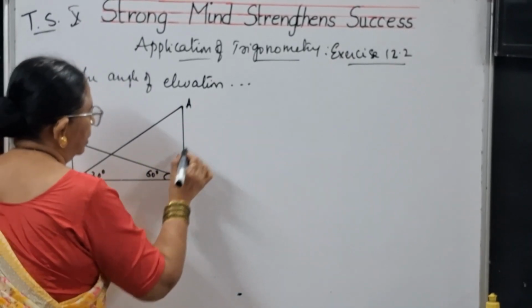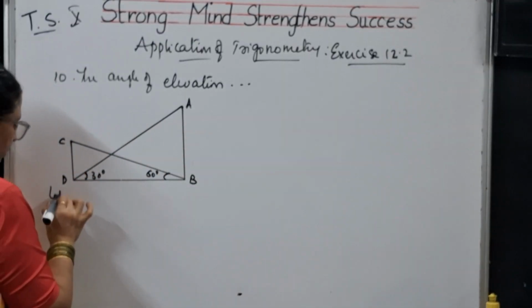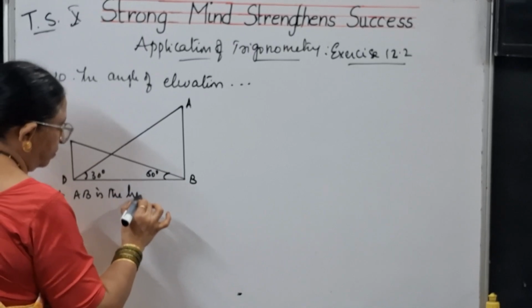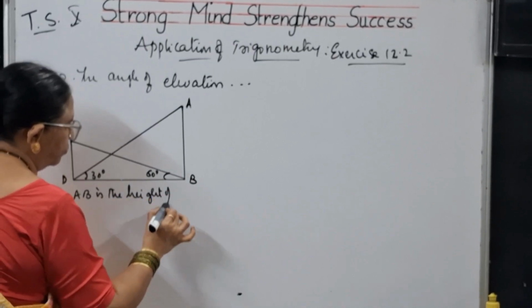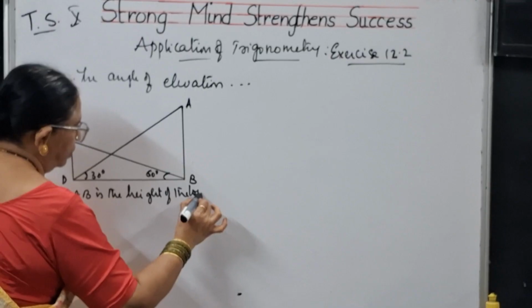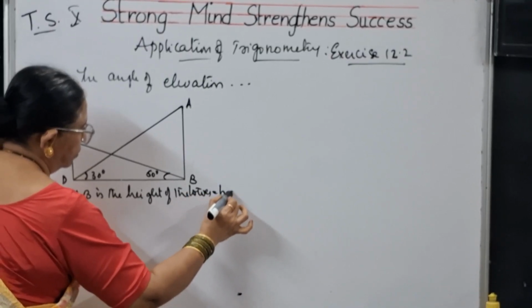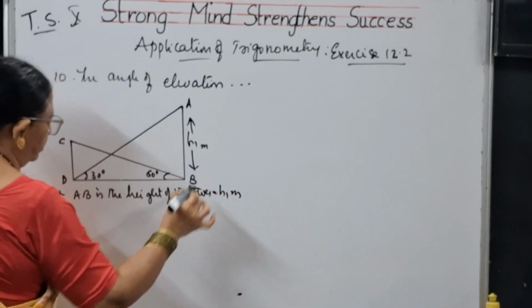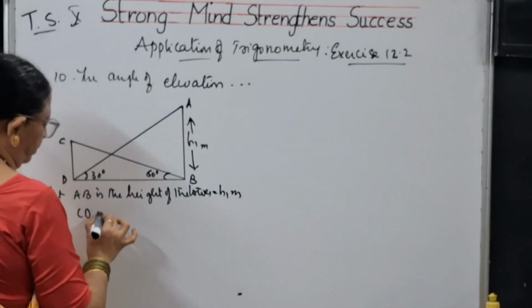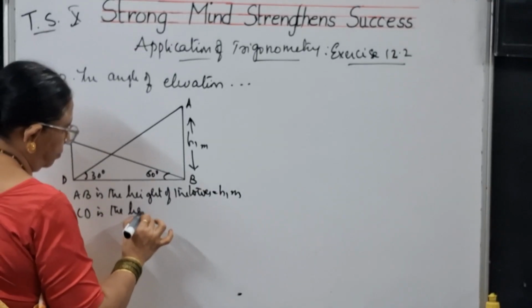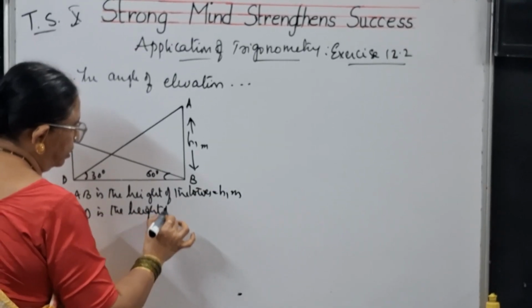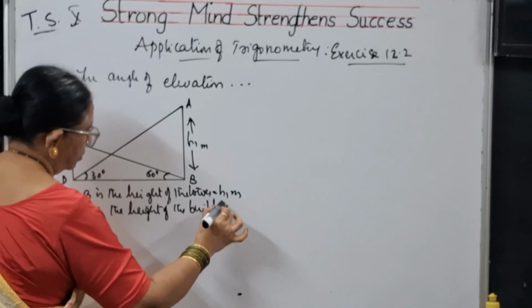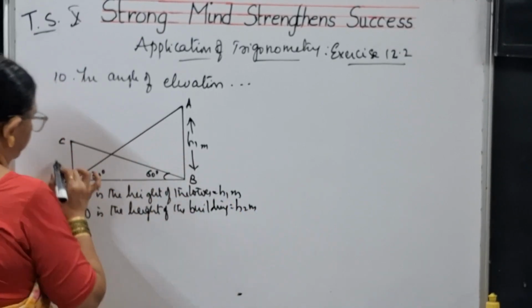Heights of the tower. Let us write. Let AB is the height of the tower, that is equal to h1 meters. Let me call it as h1 meters. CD is the height of the building is equal to h2 meters.